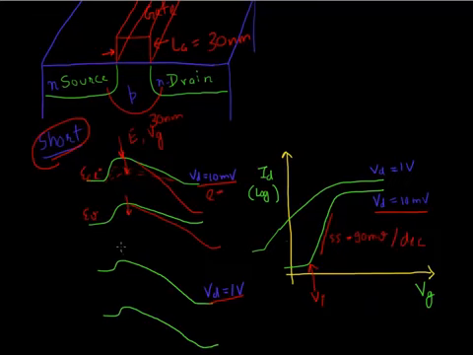So what you see is the lowering of this barrier. Essentially the drain is inducing a lowering of this barrier, which is also known as drain induced barrier lowering, or the acronym for this is DIBL.